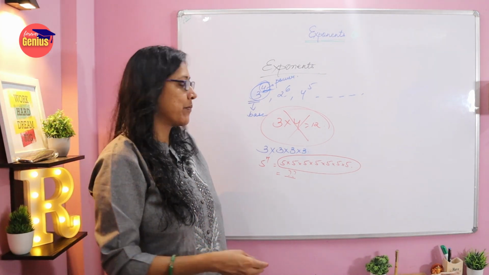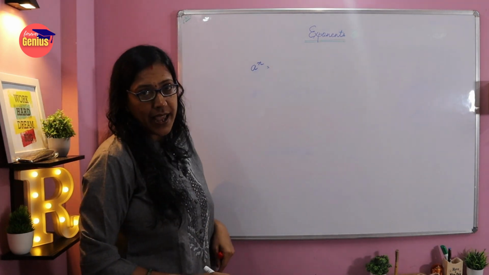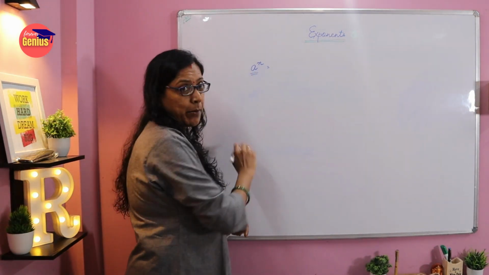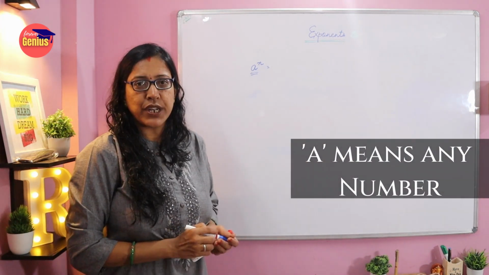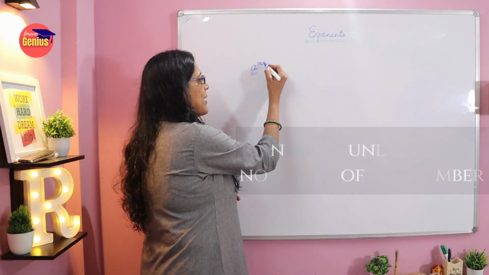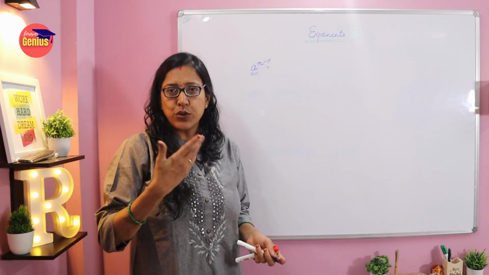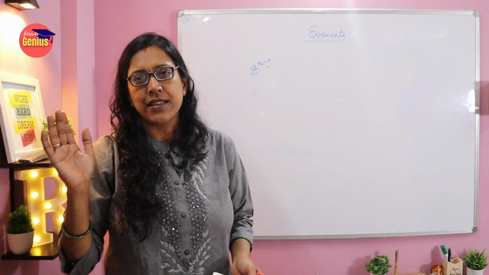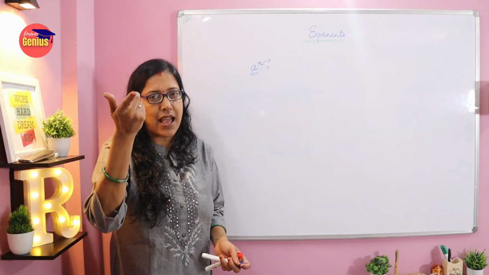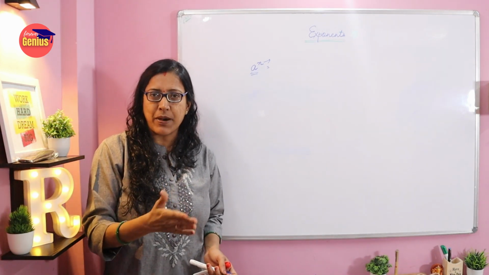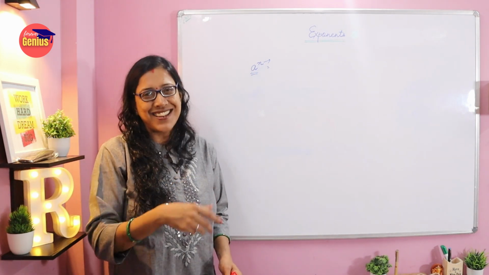Let's see. A to the power n. If it is a number, a means any number, like we have taken 2, 3, 4, 5, any number, and n is the unlimited notation of the number. It can be 2, 3, 4, 5, 6 till endless. So a to the power n denotes the number with its power. We will multiply the number that many times in order to get the answer.